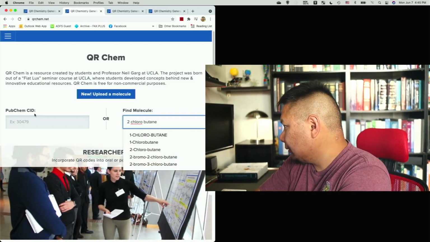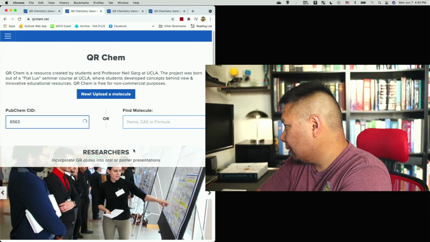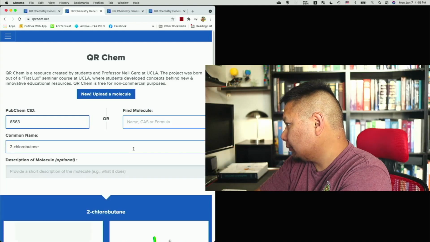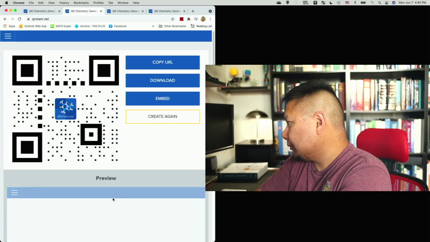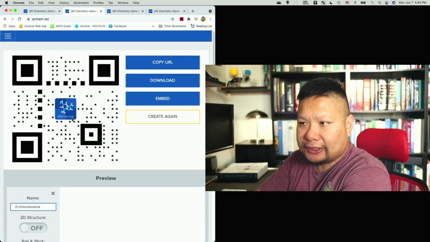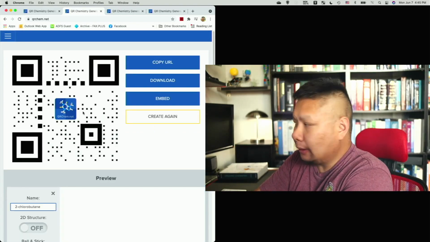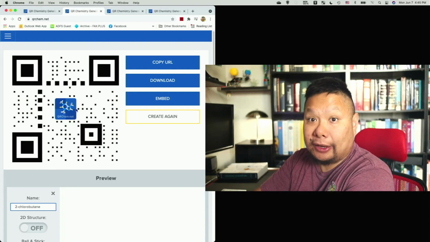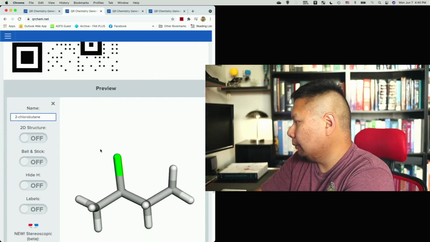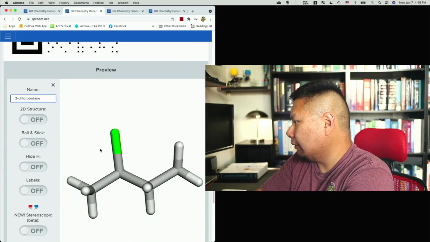It shows up right there, and then we can see it there. Hit submit. If you want to go straight to seeing it on your phone, use your camera and scan that QR code right there. If you need to pause the video, feel free. But here it is, 2-chlorobutane right there.